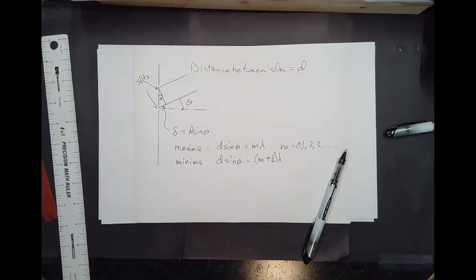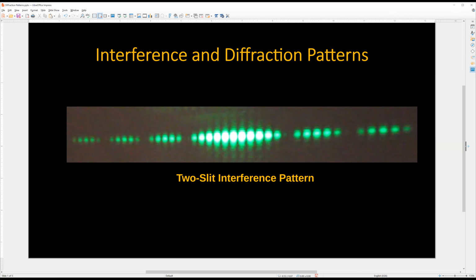These are pictures that I took in the classroom, during COVID actually, but before I retired, when I went out to school one day with my camera and took a bunch of pictures of diffraction and interference patterns. And this is a two-slit interference pattern.